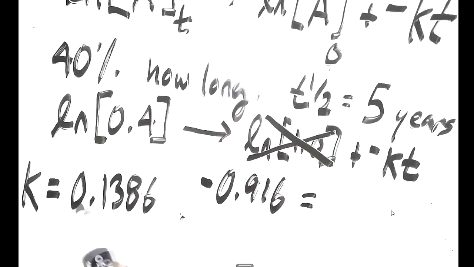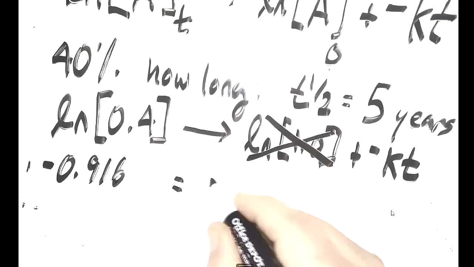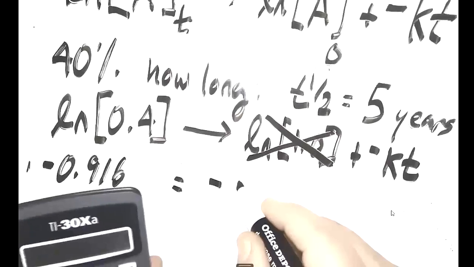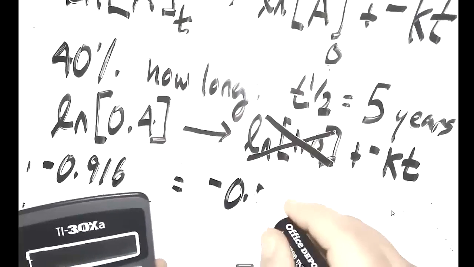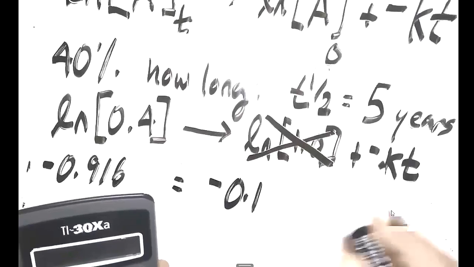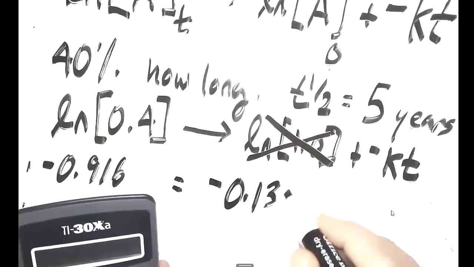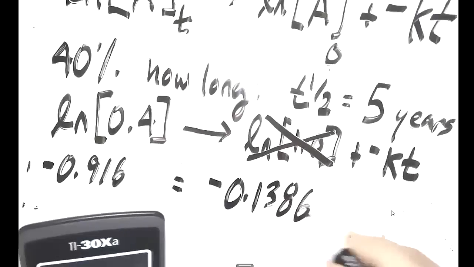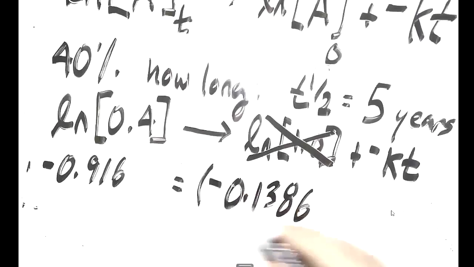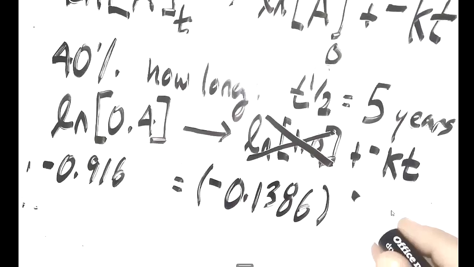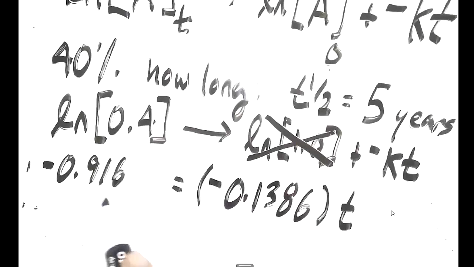So negative kt has got to equal this, and this is K. Okay, so we're just going to rearrange this now. A big trick here is you've got to remember that for the K, you have to slap a negative sign on it. And that's going to be that number times t, right? This is negative K, this is t, and the whole thing has got to equal negative 0.916.